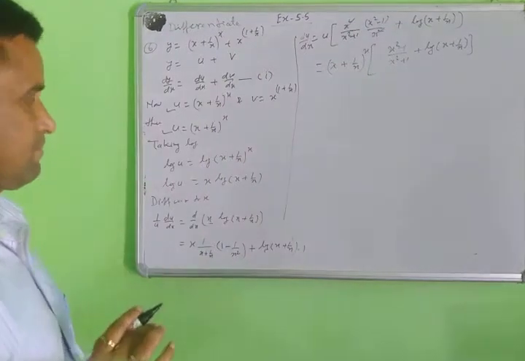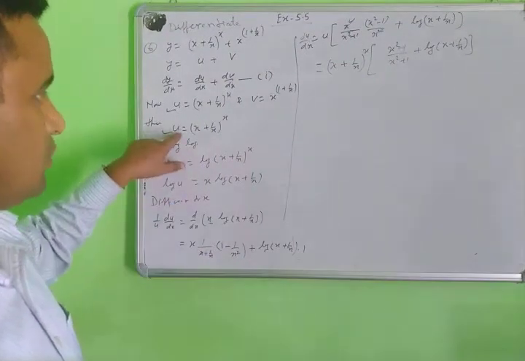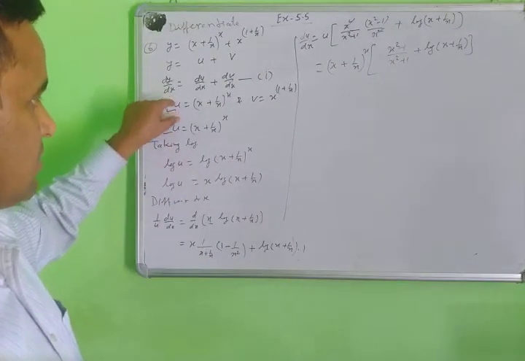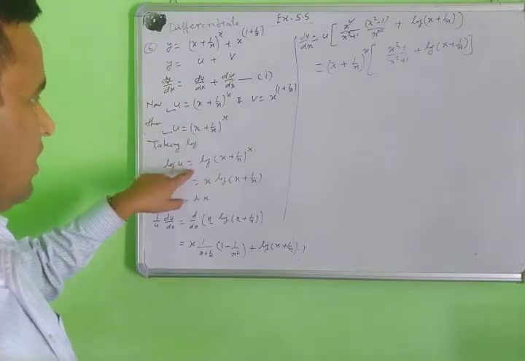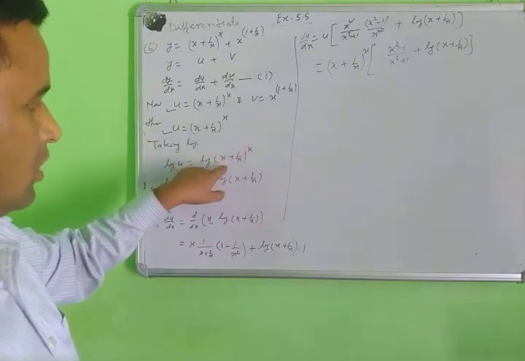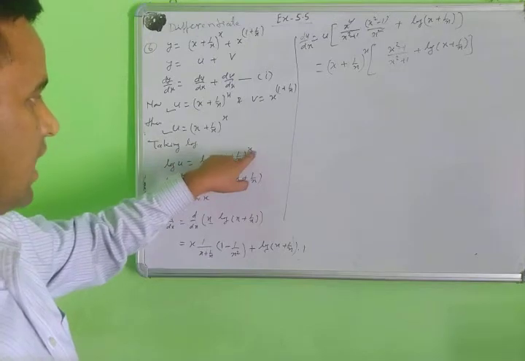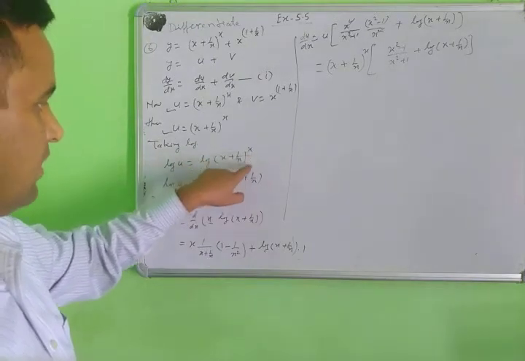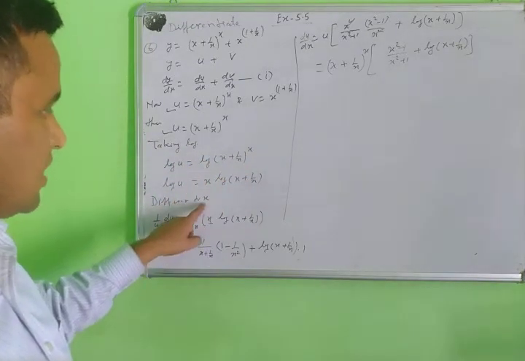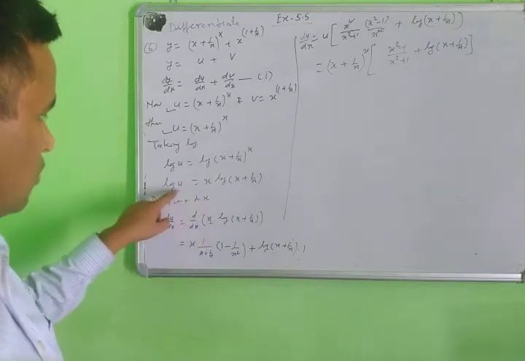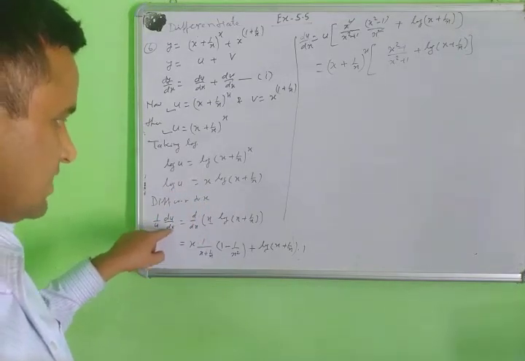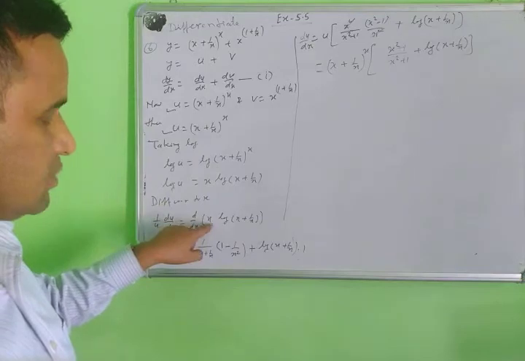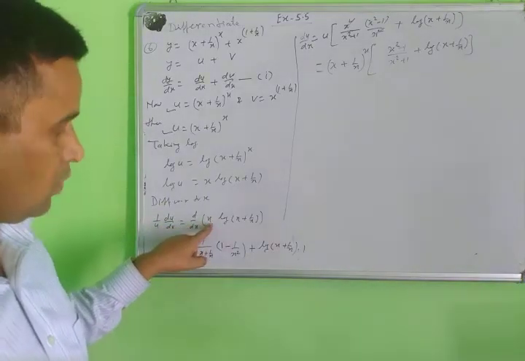Once again, first I am using u for the first term here, then taking log, using the identity of log m power n, then differentiating with respect to x. The derivative of log u means 1 upon u and du over dx. Again differentiate here, first using the product rule.